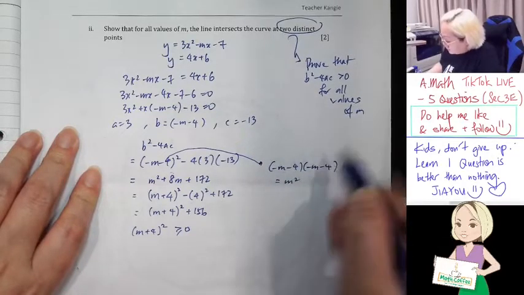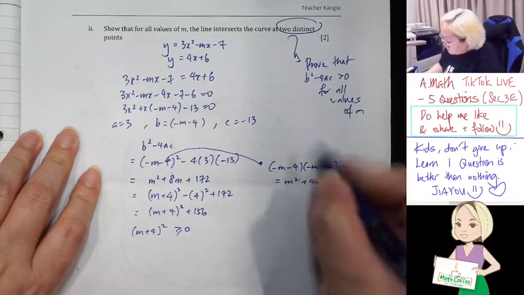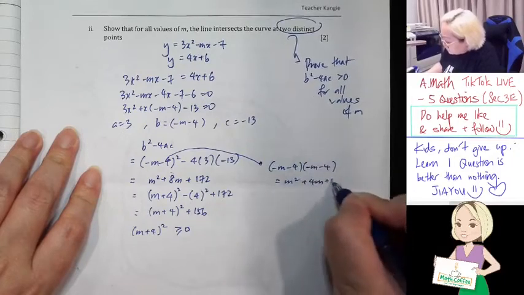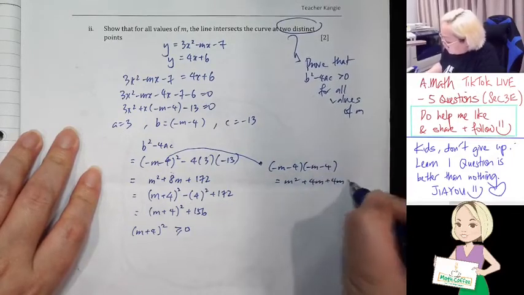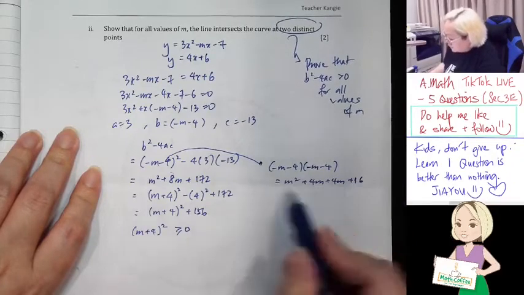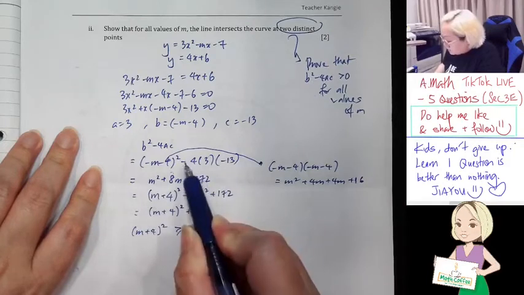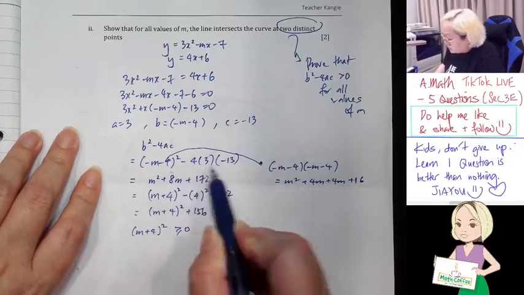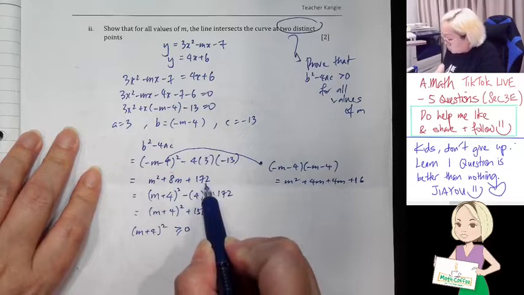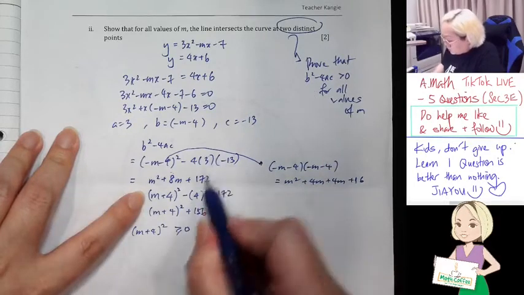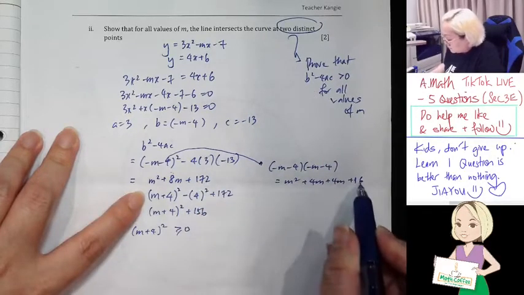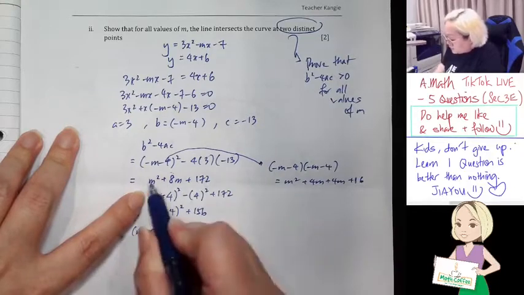This one times this one is plus 4m. This one times this one is plus 4m. This one times this one is plus 16. Okay? This part is the front part. This one is simply minus minus, so it's plus. Then 4 times 3 times 13 is 172. You understand? Sorry, it's not 172 because I still got the backside here, plus 16. So that's how I get here.